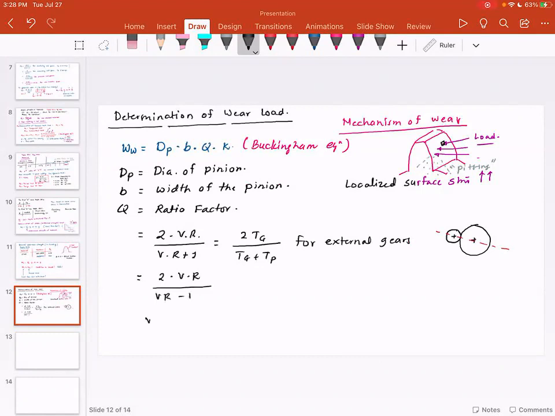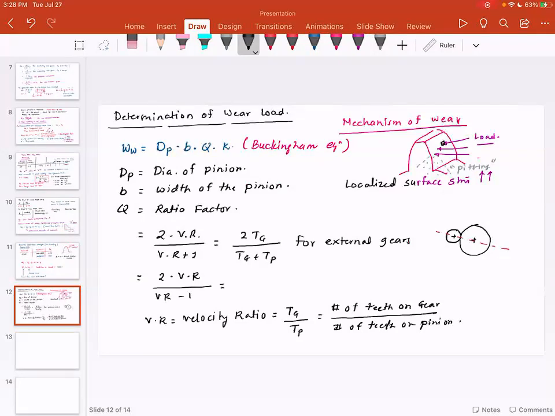VR is the velocity ratio, which is TG divided by TP, where TG is the number of teeth on the gear and TP is the number of teeth on the pinion.